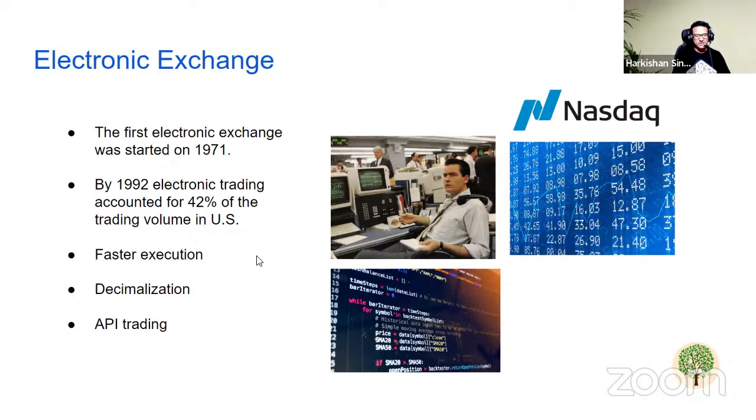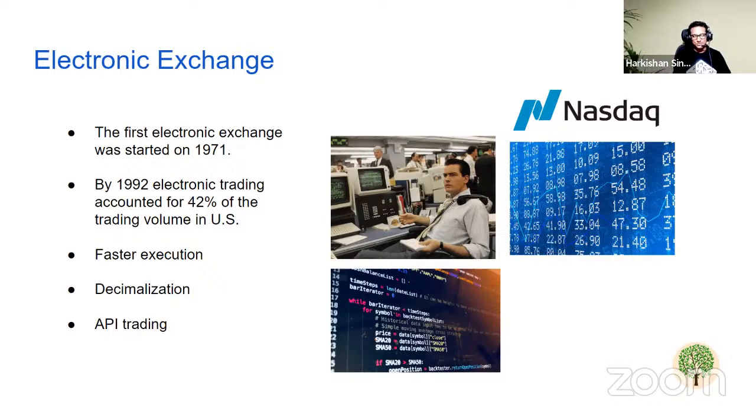So very fast execution. And after that, they realized that decimalization could also happen. Before that, whatever stocks were traded, were traded only in dollars. No cents or decimal prices were involved. But after the electronic exchanges came, they realized why not include the cents as well.